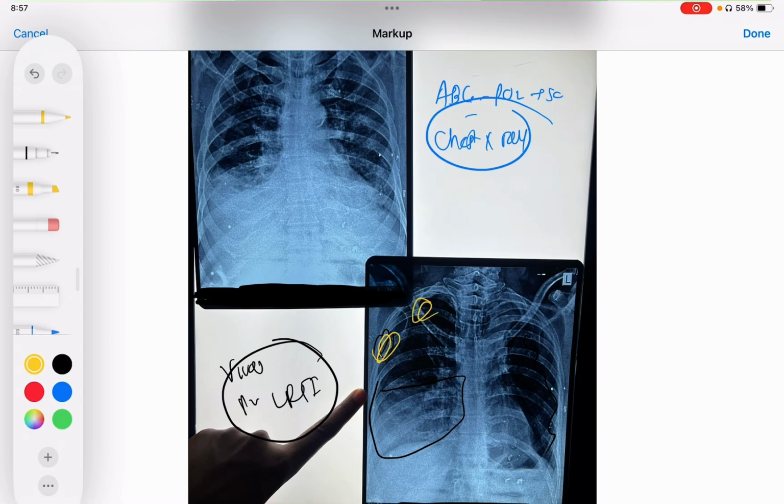but we may still auscultate fine creps which can be there in lower lung fields or middle lung fields or upper lung fields. So they may be distributed unequally without any obvious lung pathology or a patch on the x-ray. That time we can label it as that patient has LRTI.